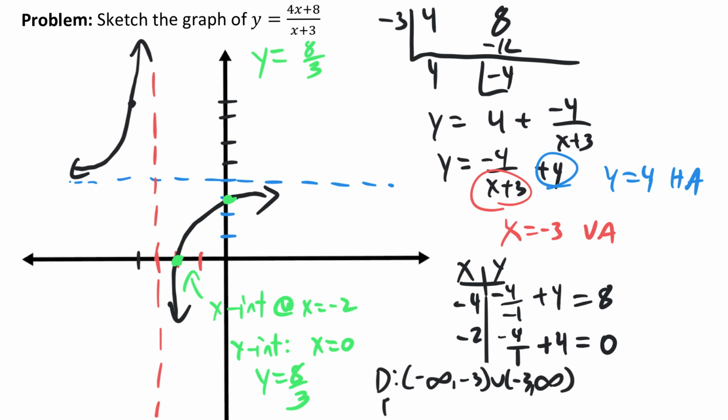And for the range, it looks like we include every value except for 4, because it never hits that blue line. So it would be negative infinity to 4, union 4 to infinity. We put round brackets around the infinity because it's not a number, it's just like a concept. And we put round brackets around the -3 and the 4 because we don't actually attain those values.